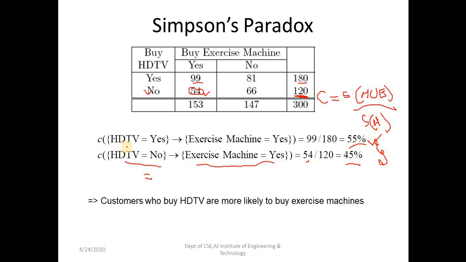So the rule that if a customer buys HDTV, then he will buy exercise machine has higher confidence than the rule that if a customer does not buy HDTV, then he will buy exercise machine. So this was calculating the confidence using a two-way contingency table.